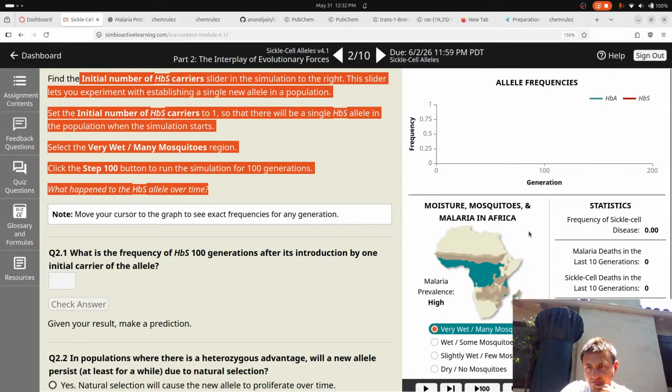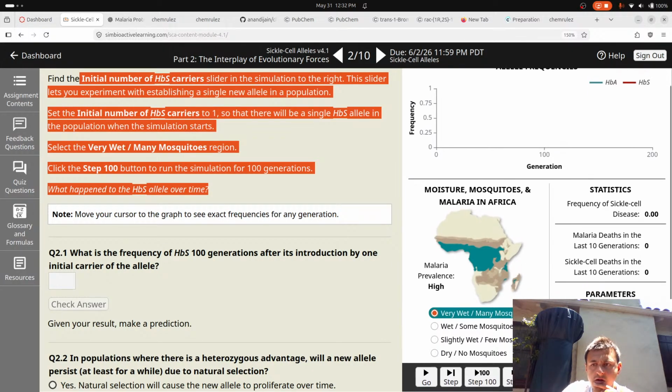Find the initial number of HBS carriers. Okay.